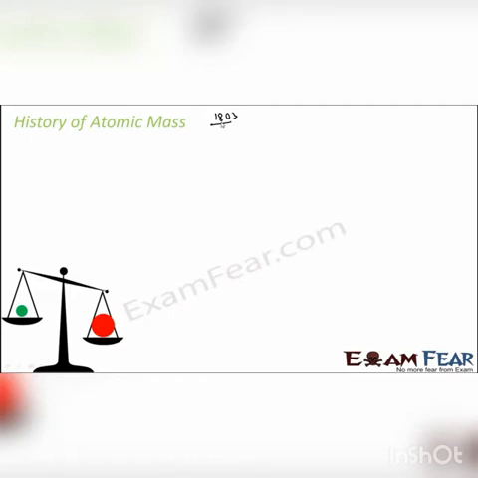He suggested that the mass of a hydrogen atom be 1 unit. So he suggested let's consider hydrogen as one unit, and that is a natural unit for atomic weight.